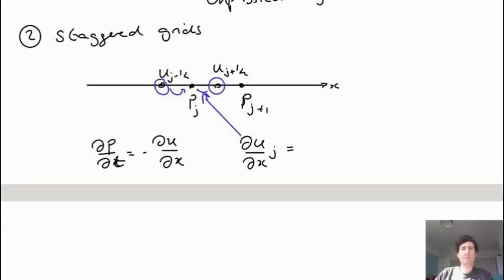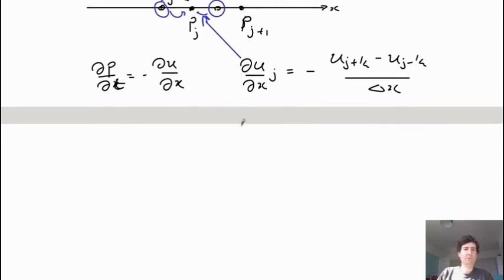So write down that this is just minus the gradient, which is u at j plus a half minus u at j minus a half. So just take the derivative of these to either side. Now, because each one is only half a grid cell across, this whole thing is just delta x, over delta x.